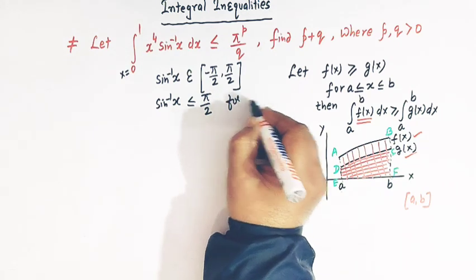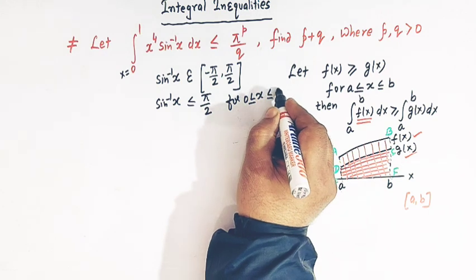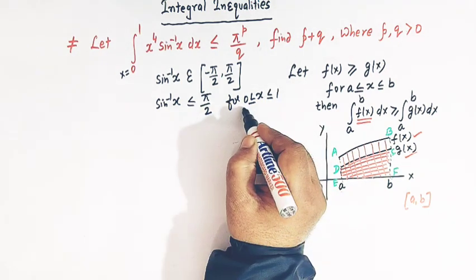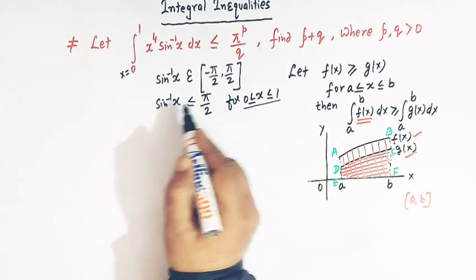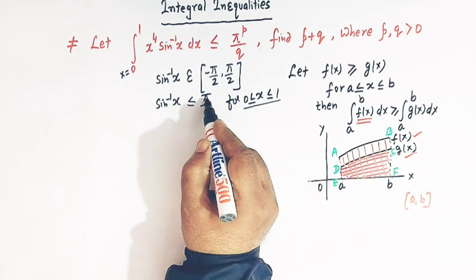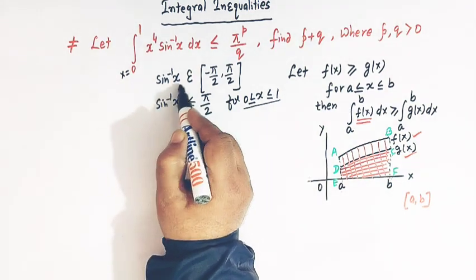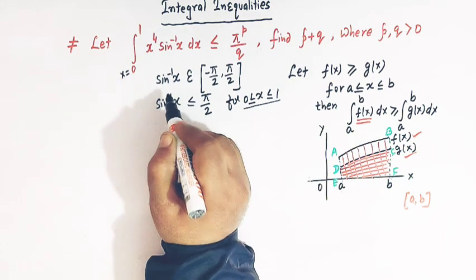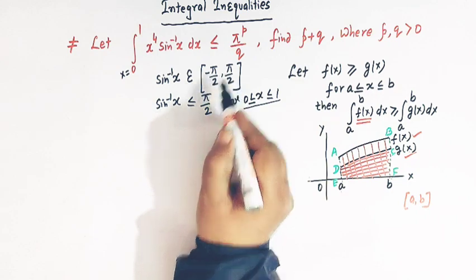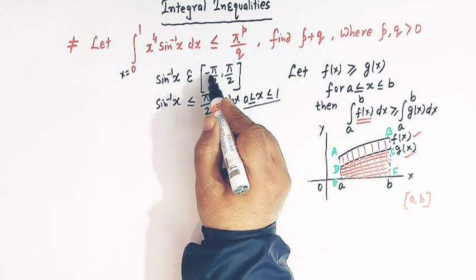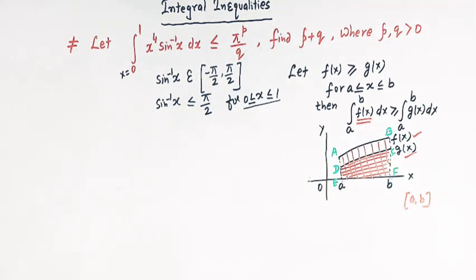So this is for x greater than or equal to 0 but less than or equal to 1. Whenever x lies between 0 and 1, sine inverse x is less than or equal to pi by 2, because from the principal value branch, sine inverse x belongs to the interval minus pi by 2 to pi by 2, and between minus pi by 2 and pi by 2 we have the point x equal to 0.